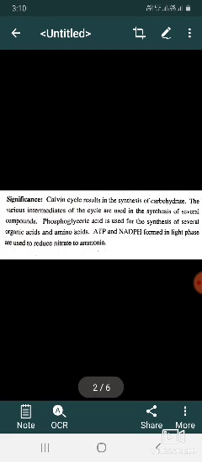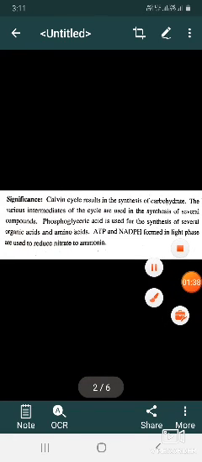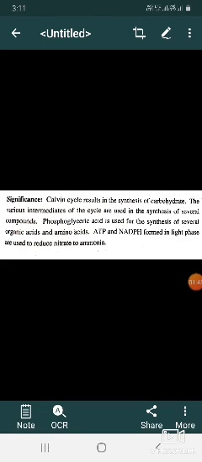Ribulose 5 phosphate formed in the last reaction is converted to RUBP in presence of ATP. For the conversion of 6 molecules of ribulose 5 phosphate to RUBP, 6 ATP molecules are required, which are derived from the light phase.